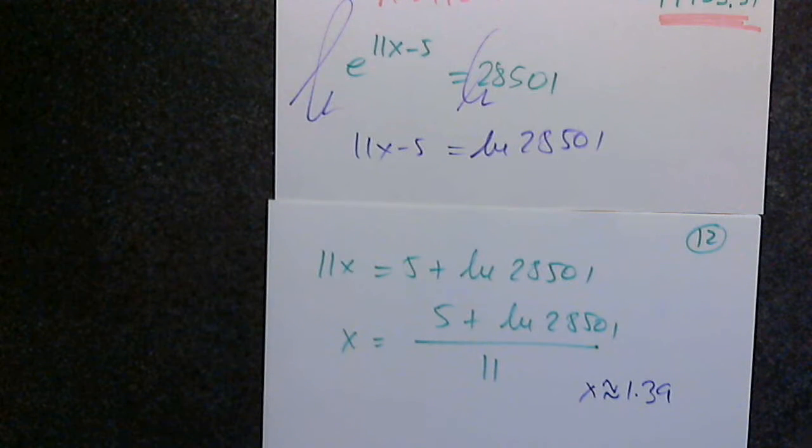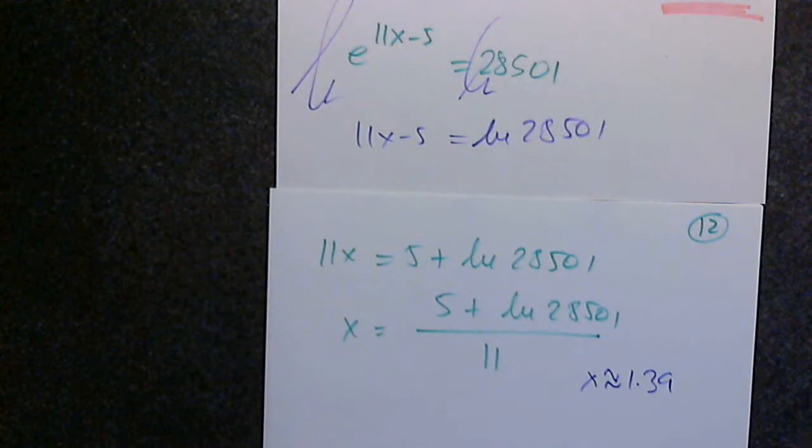When I press enter, if the answer is correct, what should I get? 28,498. Exactly, before you added the 3. 28,498.